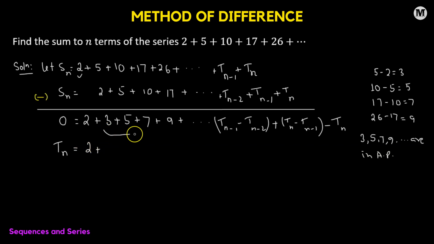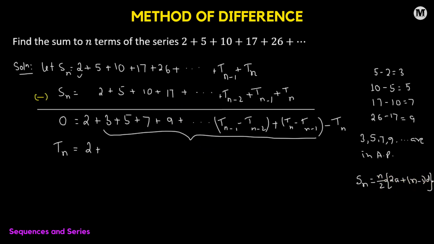Now from the second term onwards, all the way up to the second last term, what we have here is an arithmetic series with first term being 3 and the common difference being d. We know that the sum to n terms of any arithmetic series is defined as n over 2 multiplied by 2 times the first term added to the total number of terms minus 1 times the common difference d.